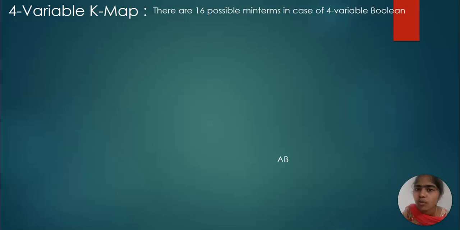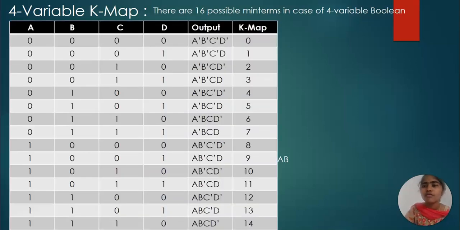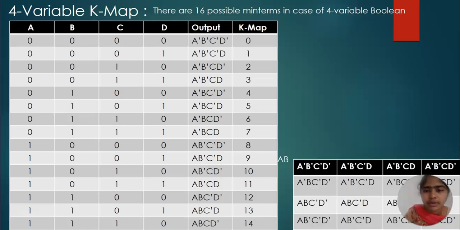There are 16 possible minterms in the case of a 4 variable Boolean expression. Here A, B, C and D are the inputs, and the outputs are in the following table.